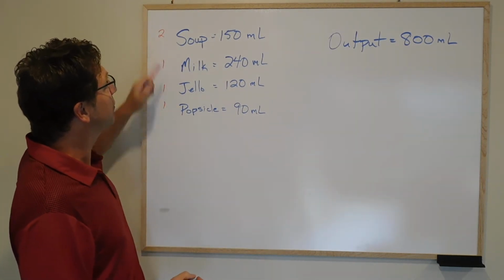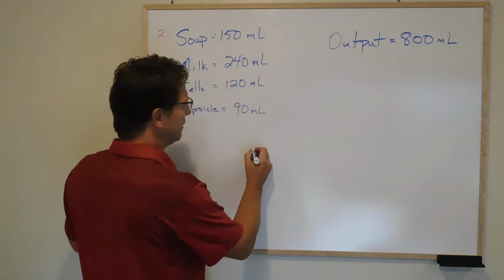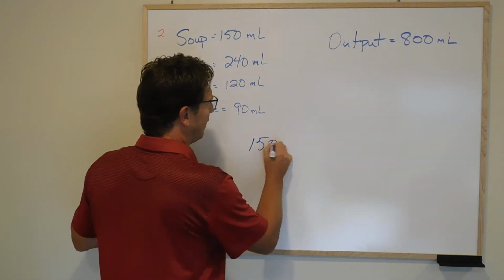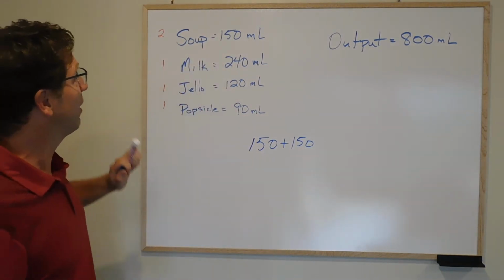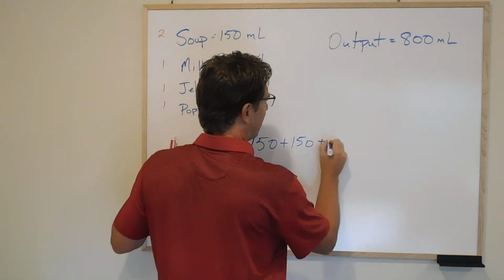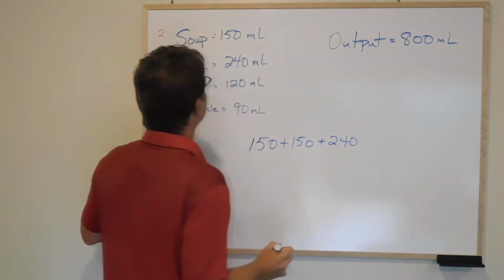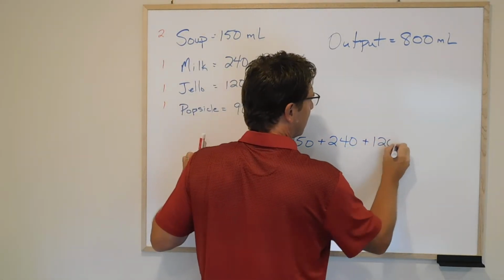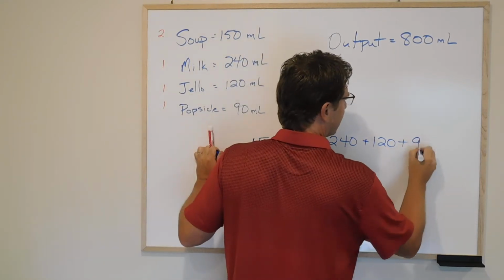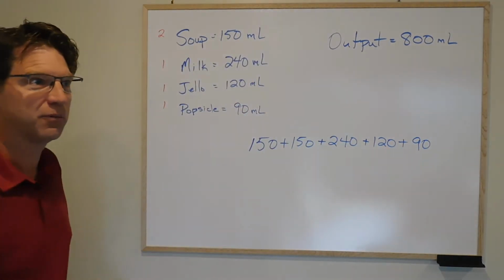So we had 2 bowls of soup, so that would be 150 plus 150. We had 1 milk, that would be 240. 1 Jello, 120, and a popsicle, which is 90. Okay.